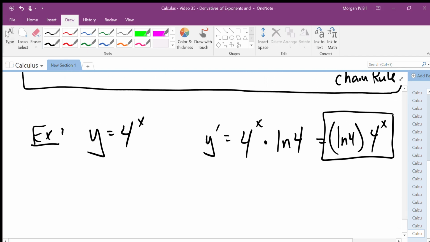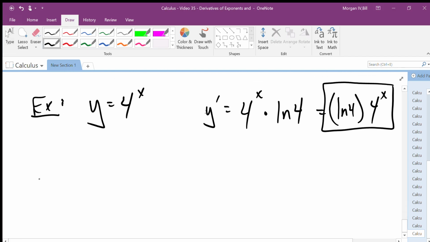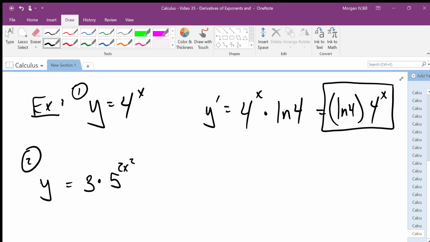Let's try number 2. What if we have y equals 3 times 5 to the 2x squared. Now, when you're looking at this, that 3 is just a coefficient. It's just a number times 5 to the 2x squared. It's easier to see, I think, like here, 3 times e to the 2x squared, where the 3 is just a number that's multiplied by e.